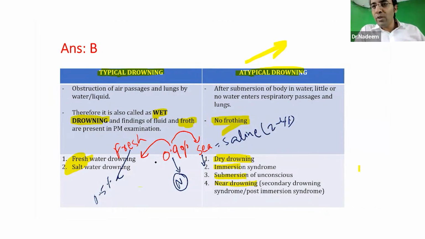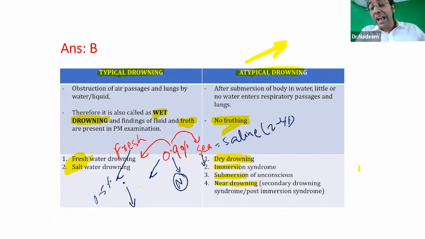Will salt be flowing from human to fresh water or fresh water to that person? Higher concentration to lower concentration. Fine. So here there will be flow of salt from human to fresh water. Now when you do post-mortem examination, it will be less than the normal. So it means the body is recovered from fresh water.